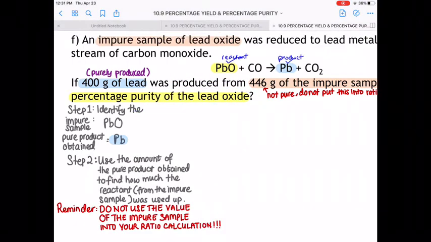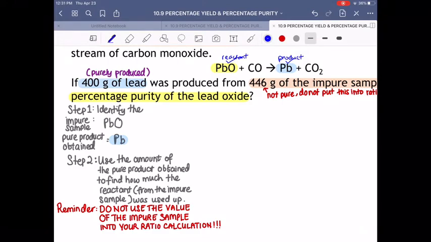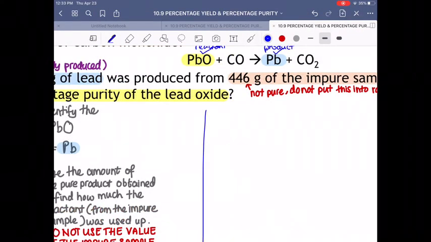Next, we need to, as usual, take these two to our ratio, PbO to the ratio Pb. Okay, next, our first row, we always put their AR, atomic mass, or MR, relative molecular mass, from your periodic table.